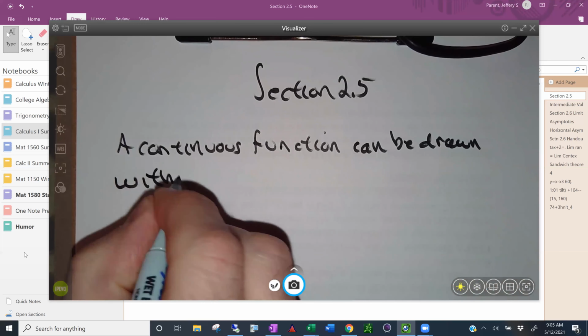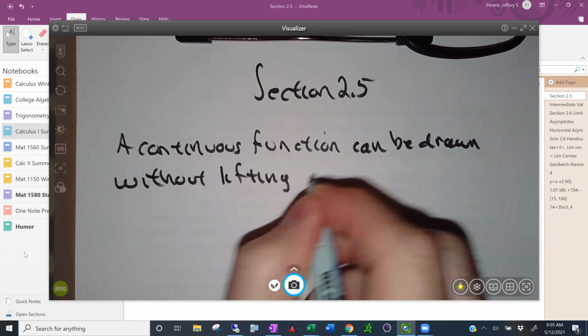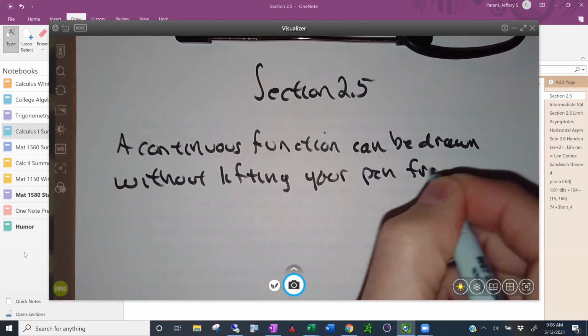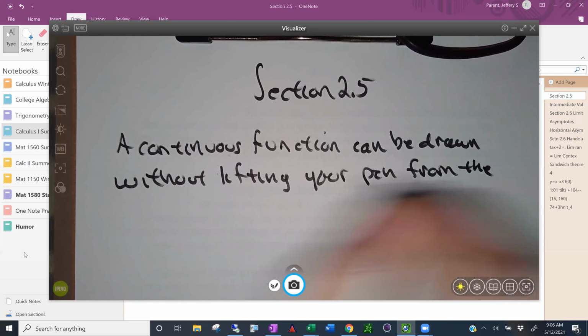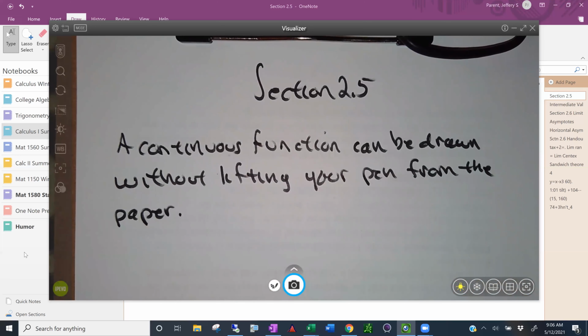That's a pretty user-friendly definition of continuity. There are much more technical definitions, and we'll see some of those, but that's generally what's going on. If you can draw something without lifting your pen from the paper, then it's a continuous function.